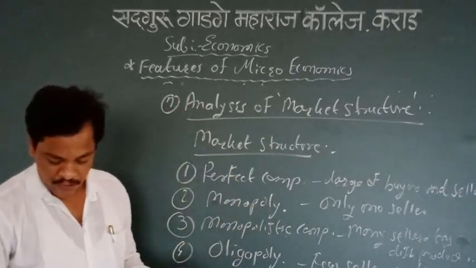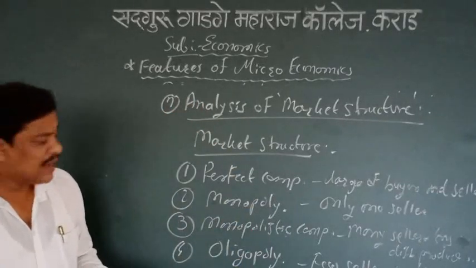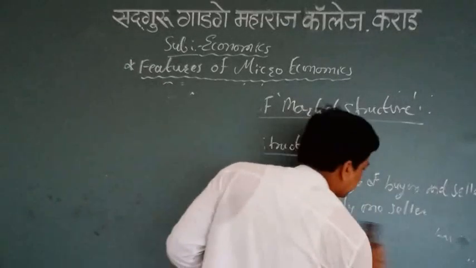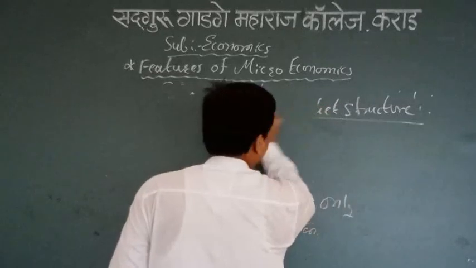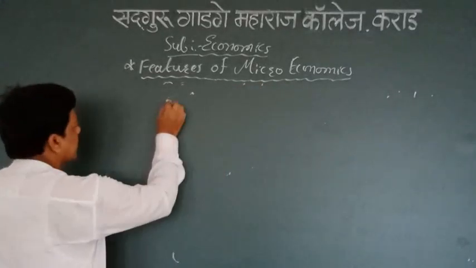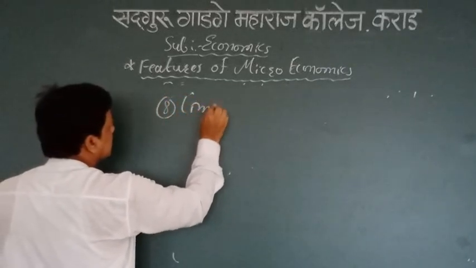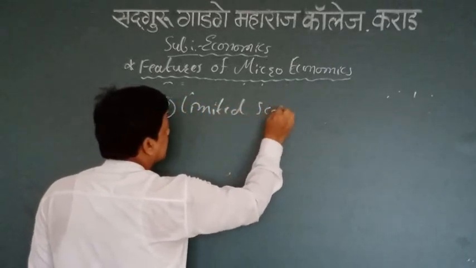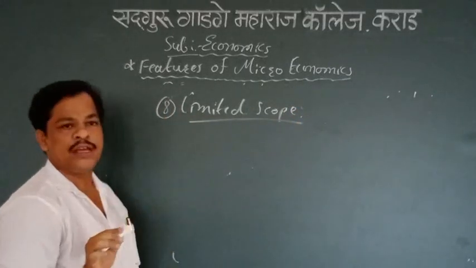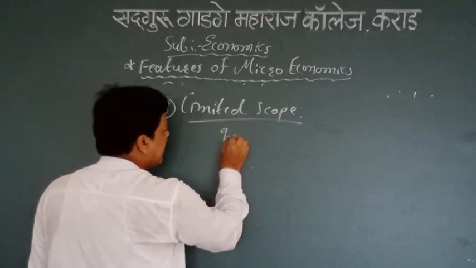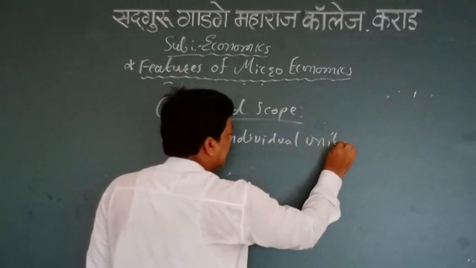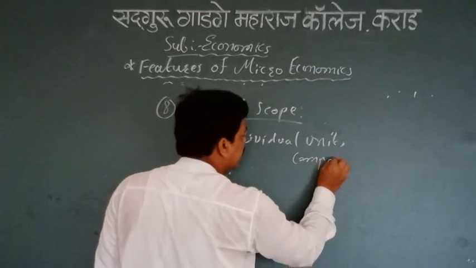Point number 7. And the last point, point number 8, is the limited scope. We know that microeconomics studies only a single or individual unit, an individual company or individual firm.